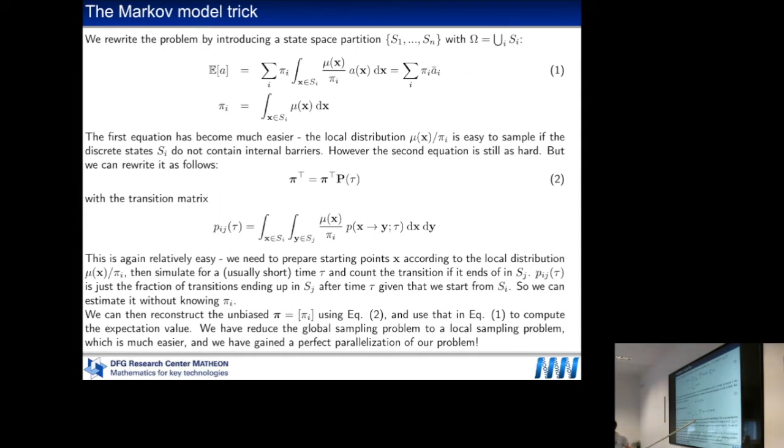All I need to do in order to compute this quantity is to be able to sample points x from this local region. So within this local region, I need to sample the points x with the right proportion, but it doesn't matter if I sample them in the different regions with the right proportions. And same here. So I have gotten rid of the problem of having to sample from the global equilibrium. That's the main point.